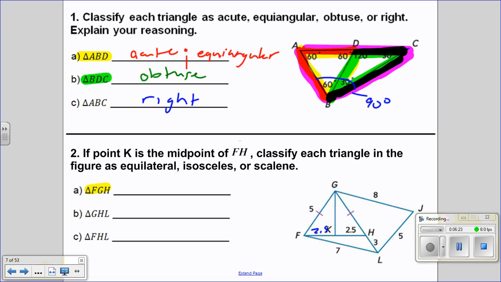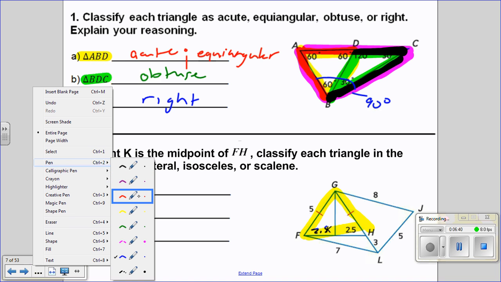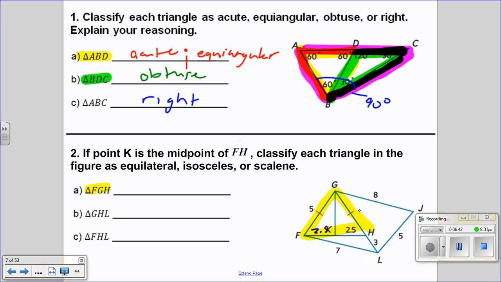The first one is FGH. If you look at the triangle, side FG is 5. And then GH has a tally mark just like FG, so that means it also is 5.